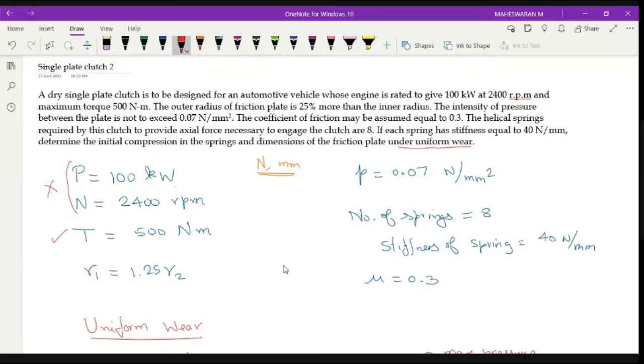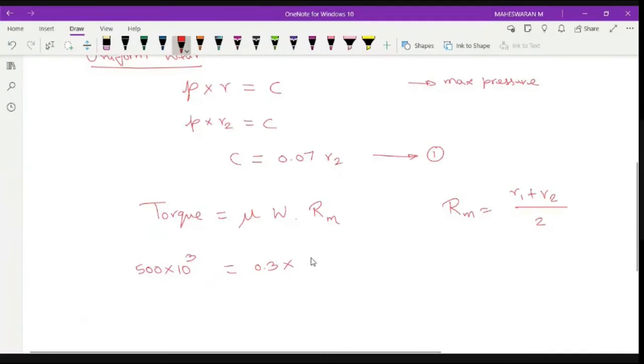The question is to determine the initial compression in the spring, so we have to identify delta. Dimensions also you have to identify, right? So let us consider this as W into Rm. Rm is R1 plus R2 divided by 2, right?